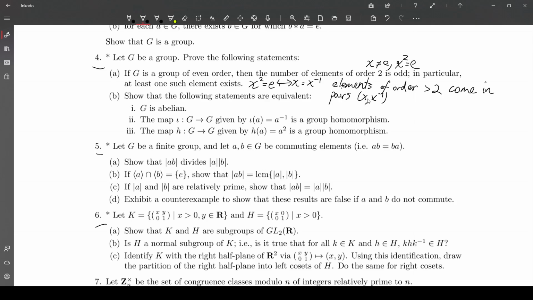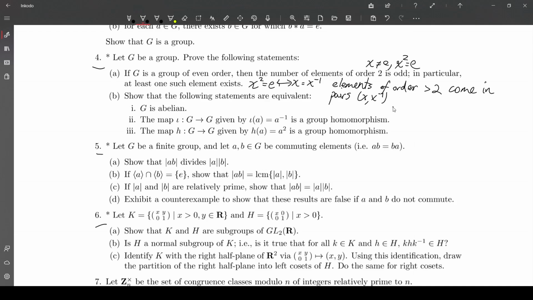Because these are going to be different elements. But the elements that are their own inverse, they don't get paired like this, because, well, they get paired with themselves.